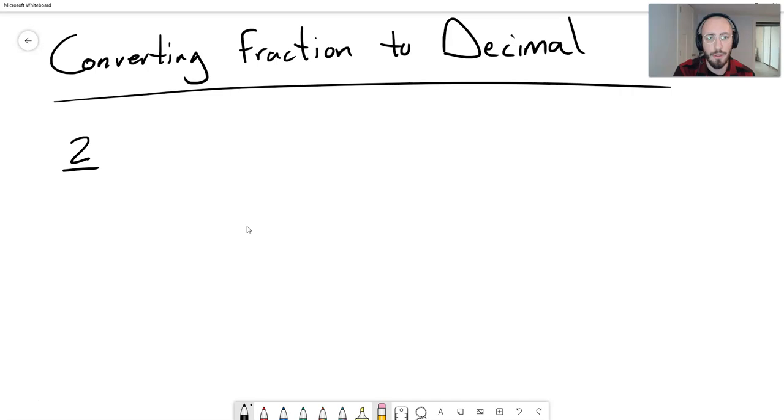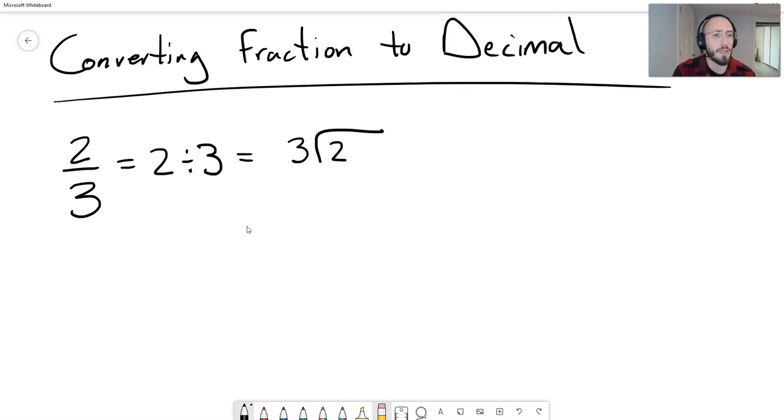Same process here. 2/3 equals 2 divided by 3. So again, 3 does not go into 2, so we add our 0, and we add our decimal point. We can add a couple zeros over here for now.